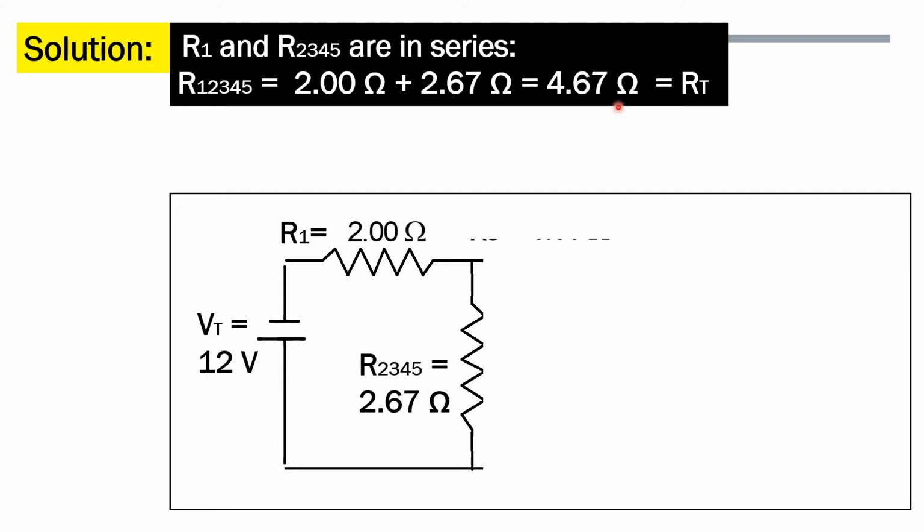Since we just added all the resistances, we also call this the total R, or R sub T. So what do we do next? We'll see in the next slide.